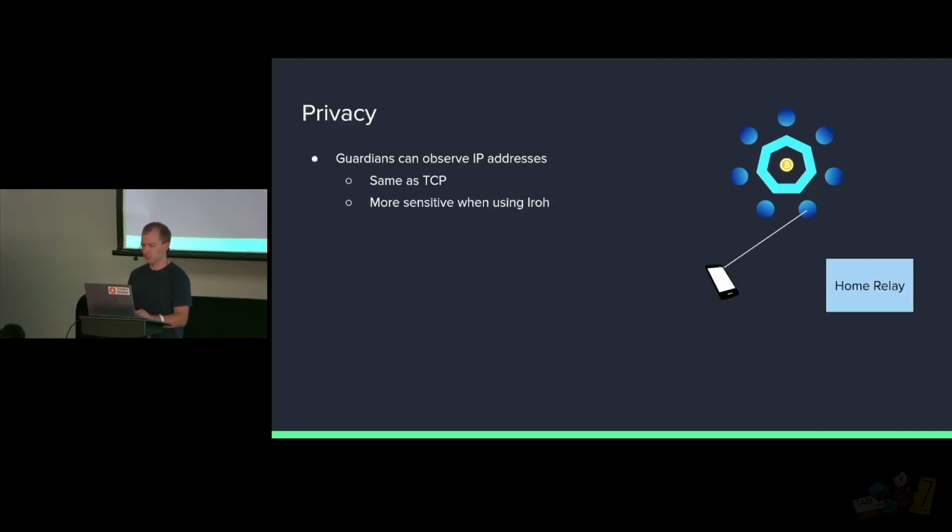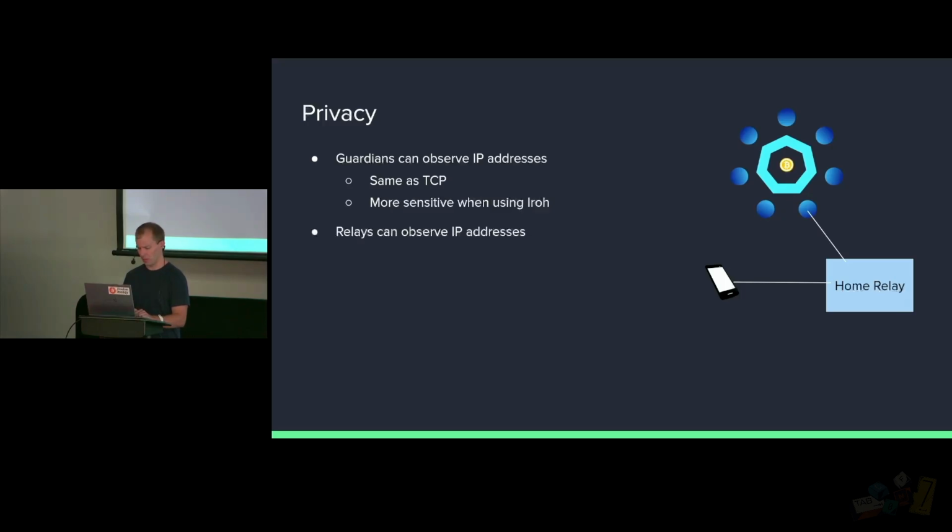This is the same model as the previous web stack using TCP, but it's potentially more sensitive when using Iroh. The thinking being, if someone's hosting one of these things at home or on their home network, in that case they're actually exposing their home IP address rather than, say, running on a VPS, which would be an IP address from Amazon or something like that.